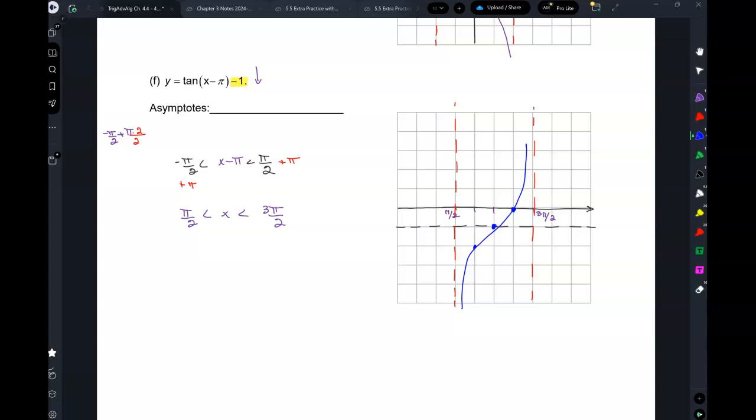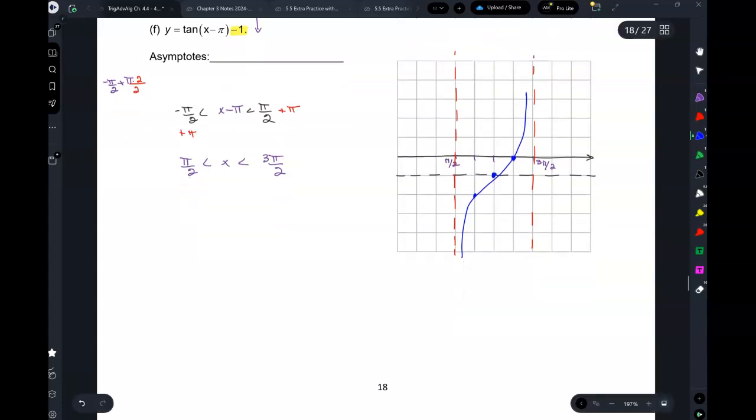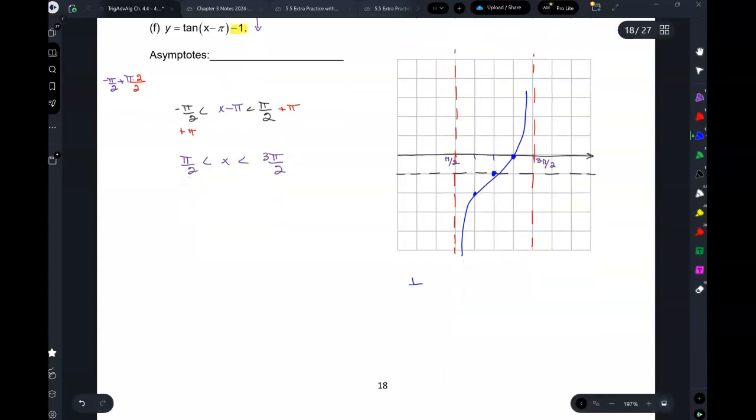Are you guys okay with putting the points in the middle? Or not so much? So for this one, right? Yeah, so the middle one would be half of pi over 2 plus 3 pi over 2. Half of 4 pi over 2.